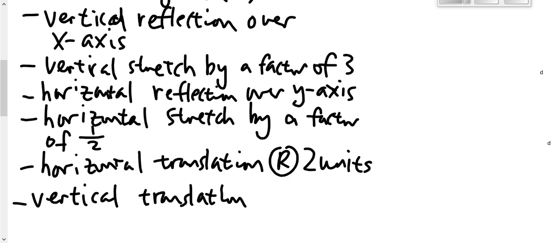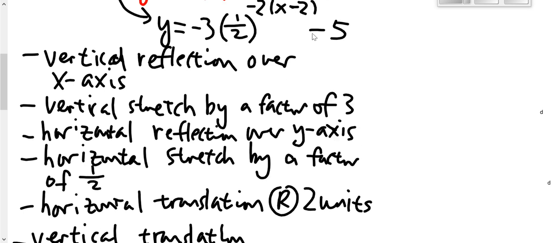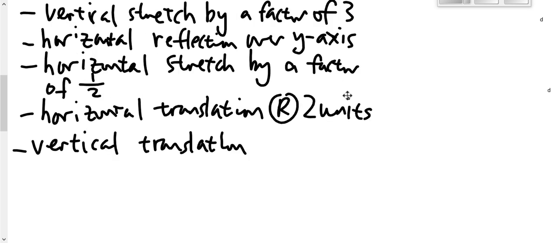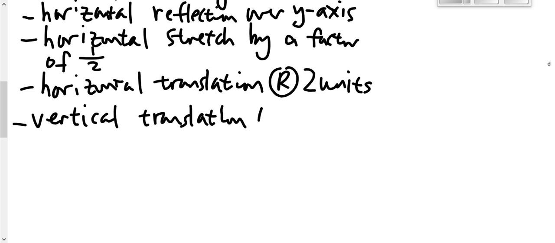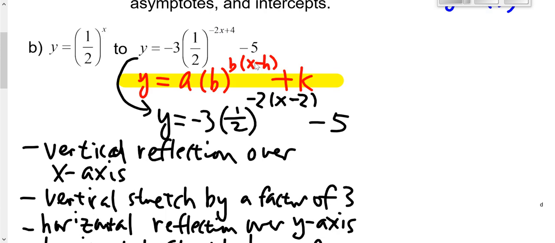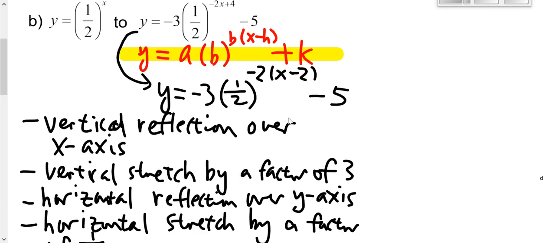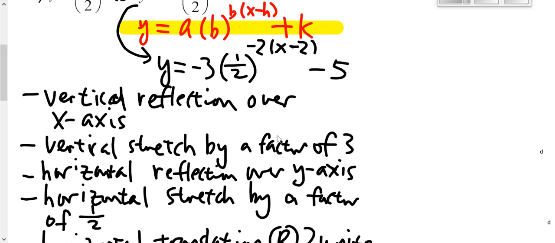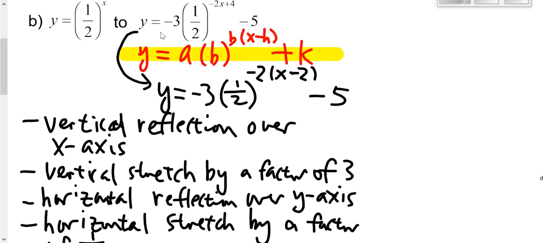In this case, the number is negative, so that means it's going down by 5 units. If you want to double check your work, you are welcome to plug these two equations into your graphing calculator, and you should see all these changes. Hopefully you figured out all this without using the graphing calculator.